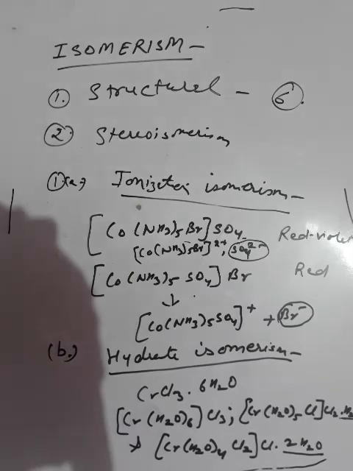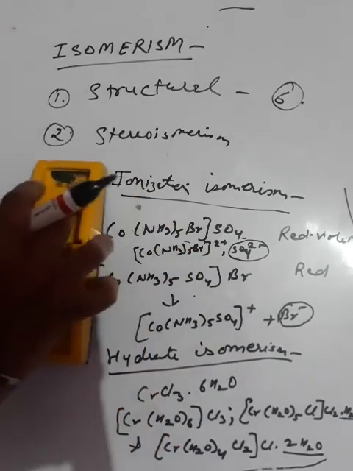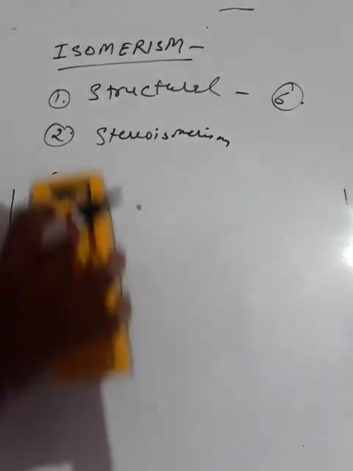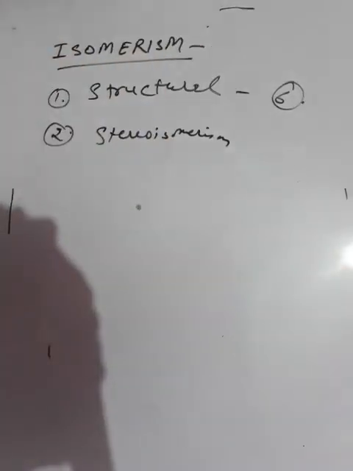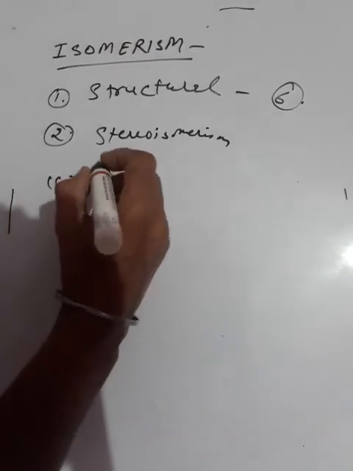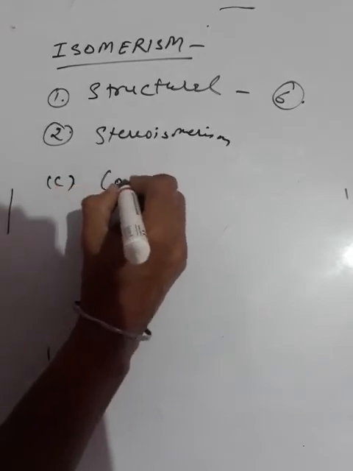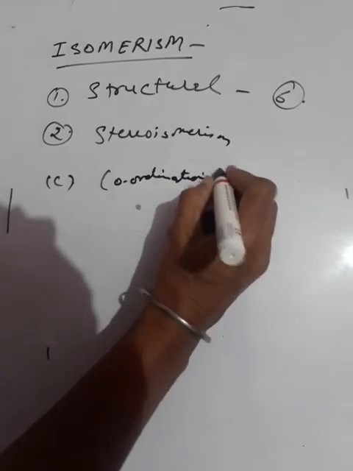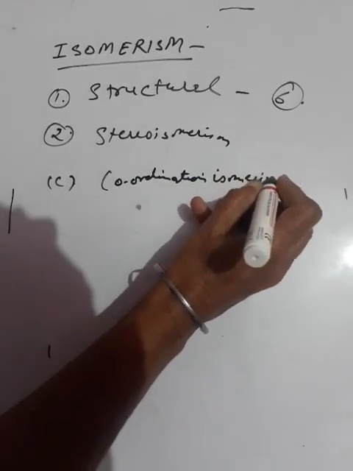And the next type of isomerism which we are going to discuss is coordination isomerism. This is also a type of structural isomerism.